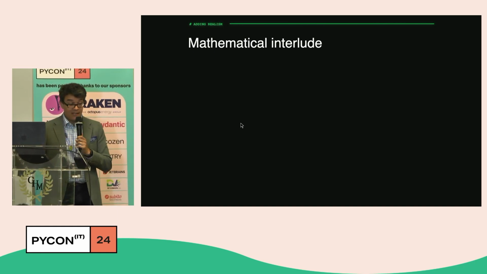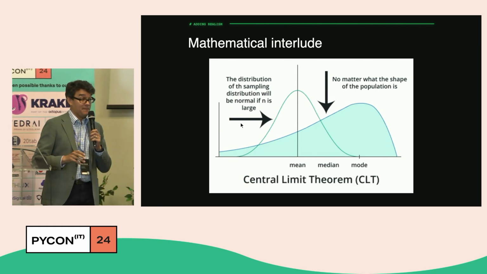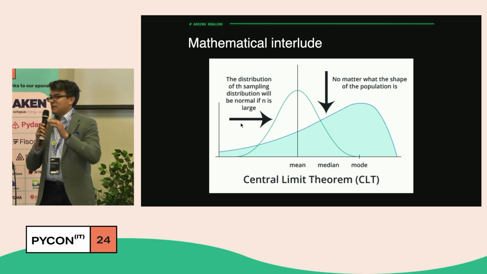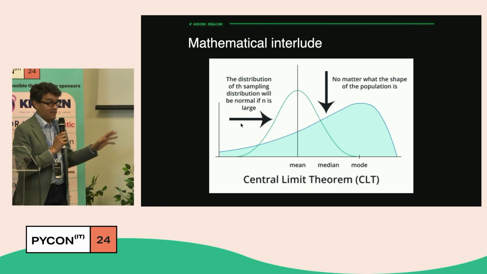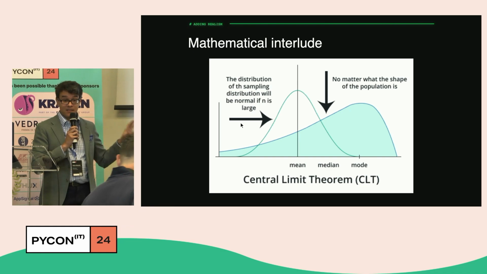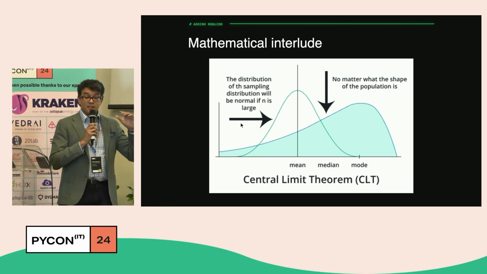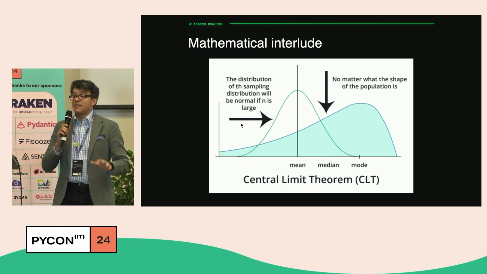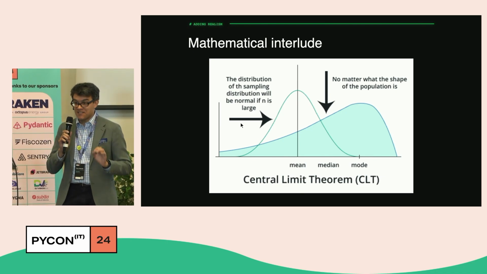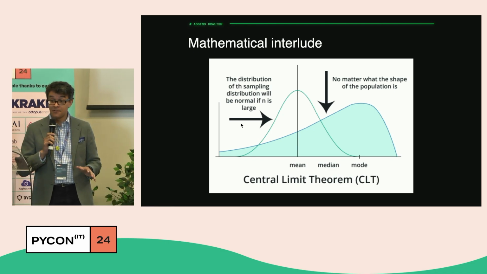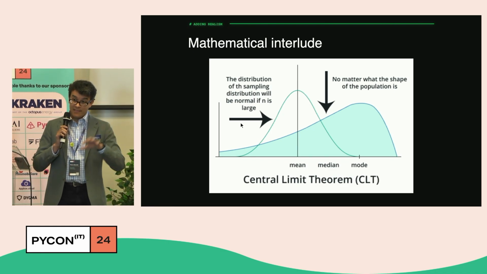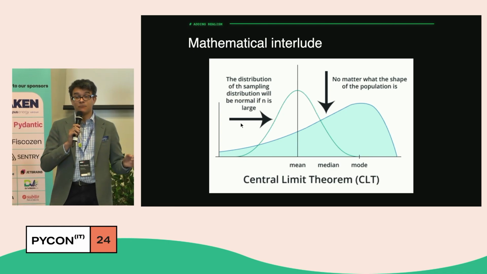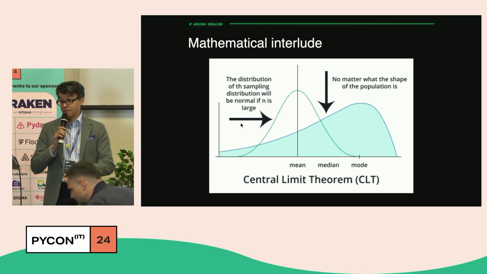And the first concept we're going to have a look at is the central limit theorem, right? We're not going to go through the mathematical formulation or anything. Suffice to say that what this theorem is, one of the fundamental theorems in statistics, is that if you have an underlying distribution of data, it doesn't matter what it looks like, if you take enough samples of sufficient size out of that underlying distribution, then the distribution of your samples will be a normal distribution, and its mean and standard deviation will be linked to the underlying distribution of the data.